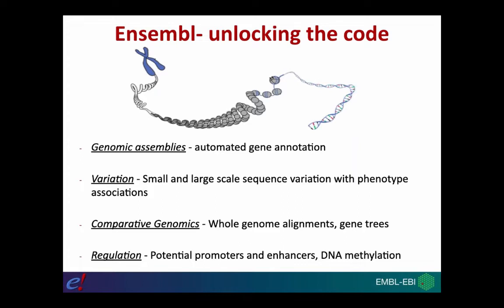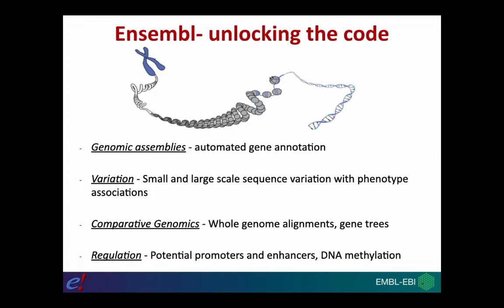The fourth type of data is the annotation of regulatory features. Ensembl uses raw data, such as ChIP-seq data and DNA methylation data, to predict the existence of features that regulate gene expression, such as promoters and enhancers.